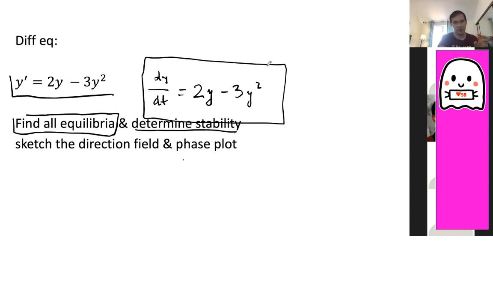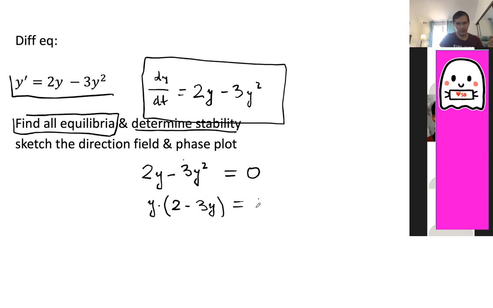I'm going to look at the right-hand side of this equation, which is 2y minus 3y squared, and I'm going to set it to 0. So maybe we can factor out the function y, so I get y times (2 minus 3y) equals 0.